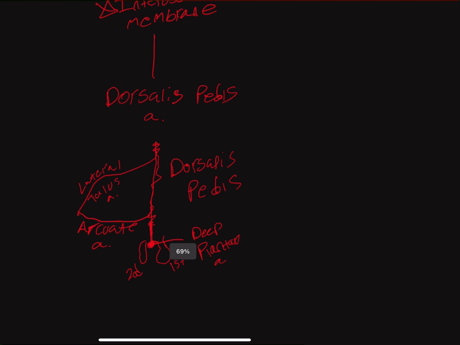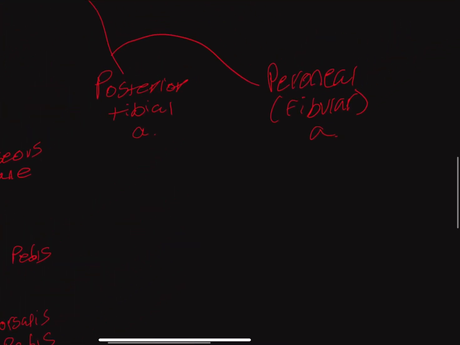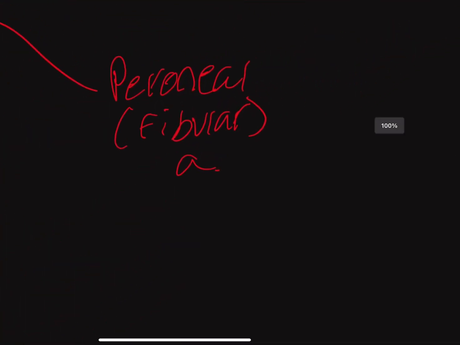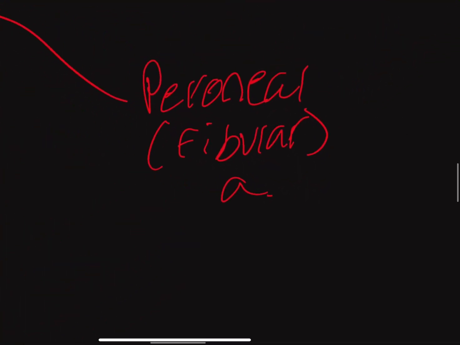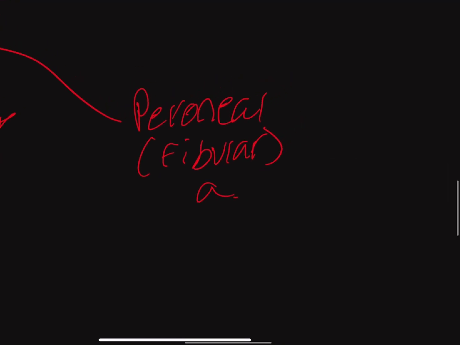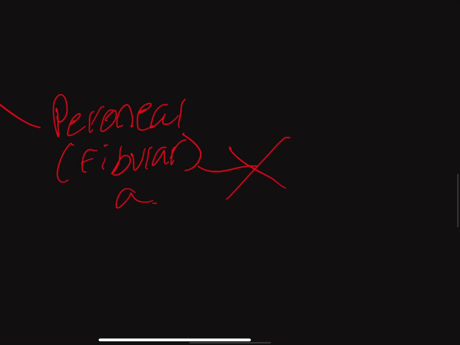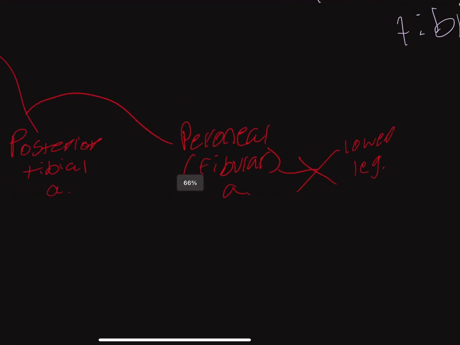We're going to leave it there. We're going to come back to this posterior tibial and the fibula. So I'll just start with the peroneal artery or the fibular artery. So this artery is basically going to just terminate, right? Going to terminate just kind of at the lower leg. And it doesn't really change into anything else, right?